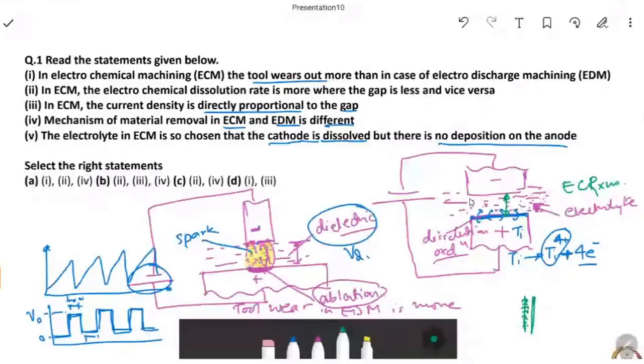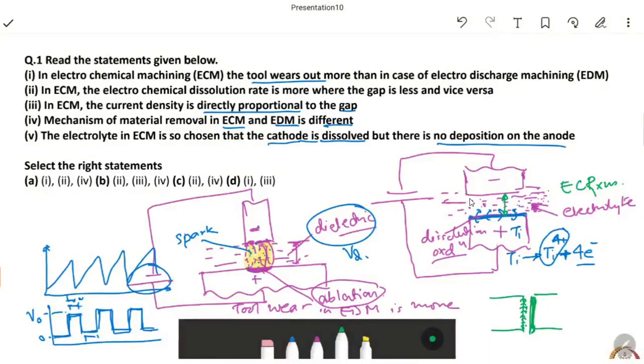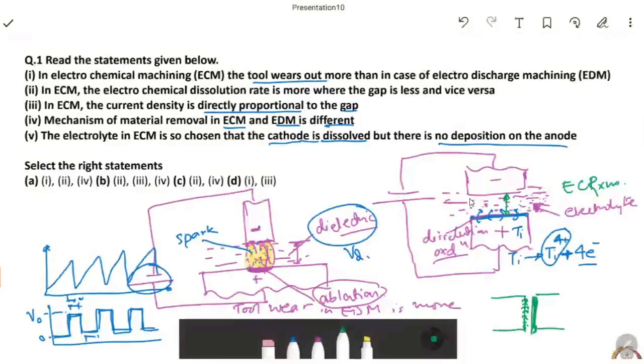So that's why the current density increases, right? We see that the current is the same because the number of electrons flowing per unit time is the same. However, the density of the current increases when the gap is less.